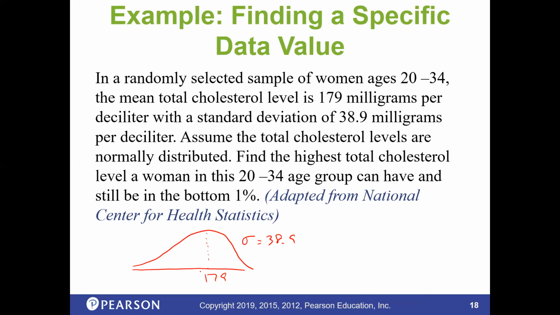That's cool. And whoa, the bottom 1%. That means she's all the way over here. That corresponds to 1%. As a decimal, isn't that 0.01? That's 1% as a decimal. Okay, all yours. Tell me if you got the answer. Go.